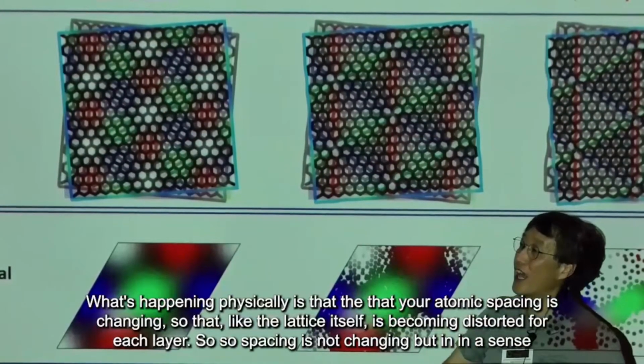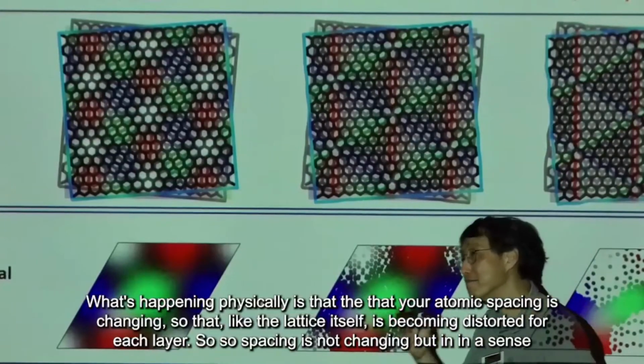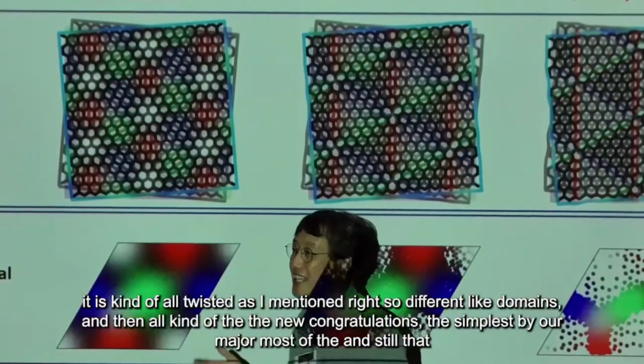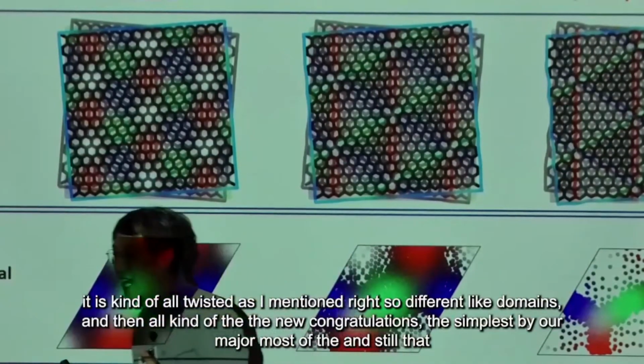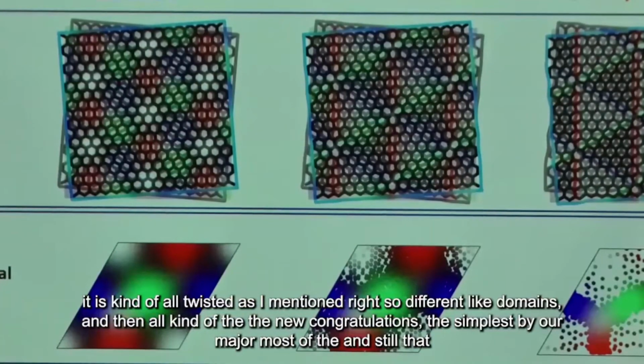In the simplest limit, I will make most of the area AB, and still the overall twist angle remains. So all this incommensuration is trying to sit onto this boundary between AB and BA.